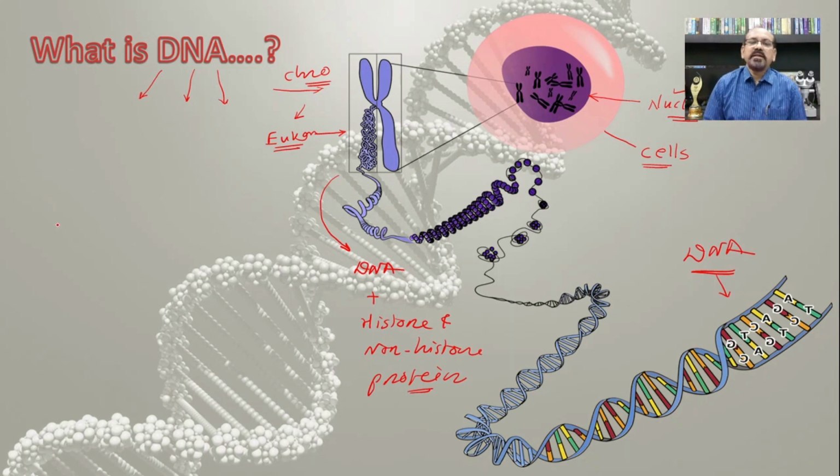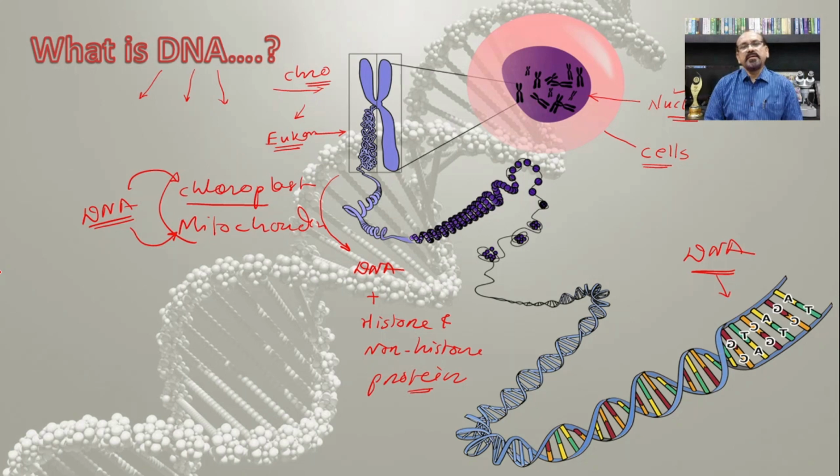But in eukaryotes again there are two cell organelles, the chloroplast and the second one, mitochondria. In these two organelles again there is a presence of their own DNA, known as the chloroplast DNA and mitochondrial DNA.